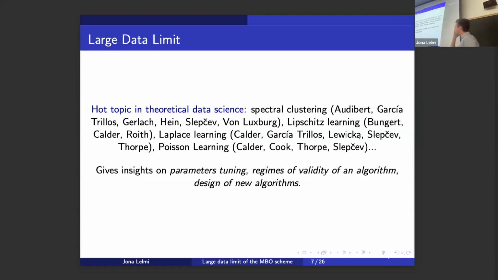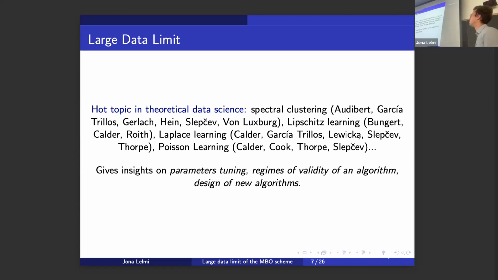Now, what we are interested in studying is the large data limit of this algorithm. This is a sort of hot topic in theoretical data science, and the large data limit of an algorithm essentially is the following. We want to study the behavior of the algorithm as the number of data points goes to infinity. Or in other words, we would like to understand whether the outcomes of an algorithm can be thought of as approximating a continuum problem as the number of data points goes to infinity.